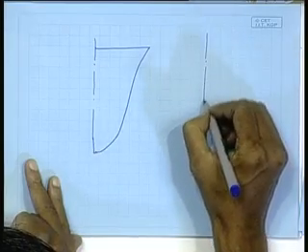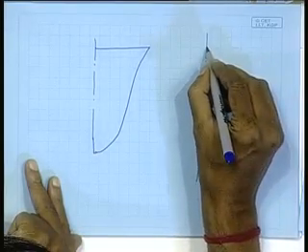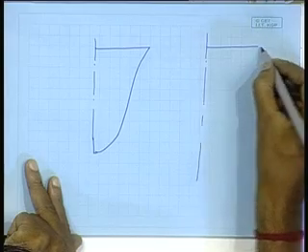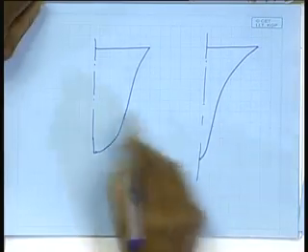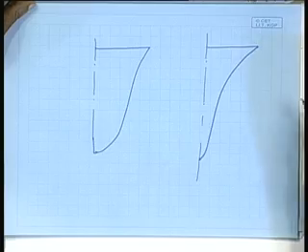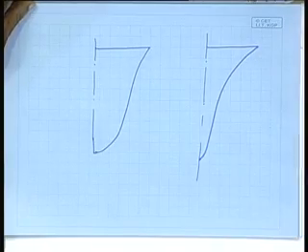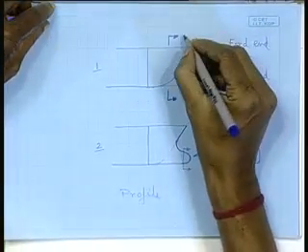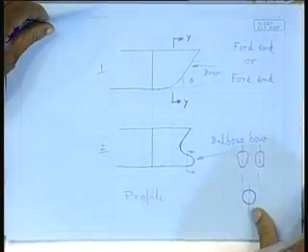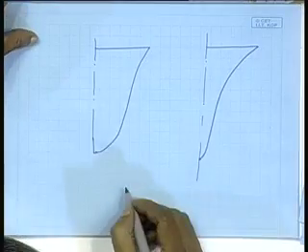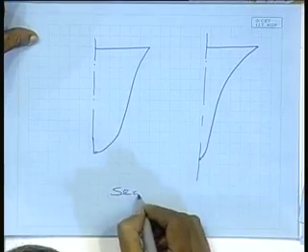Or, what is the difference between these two? These are the sections about this. Suppose this is my YY. About this YY, the sections are taken.